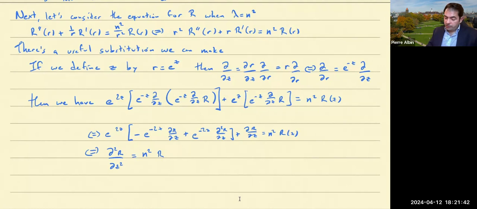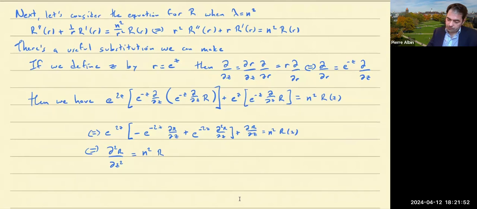Okay, so now this is a very simple equation, because it's a linear, constant coefficient ODE.